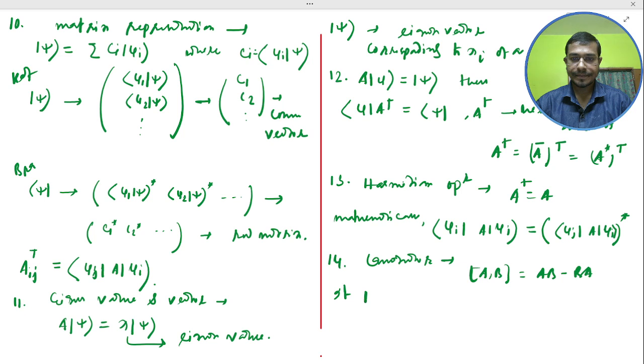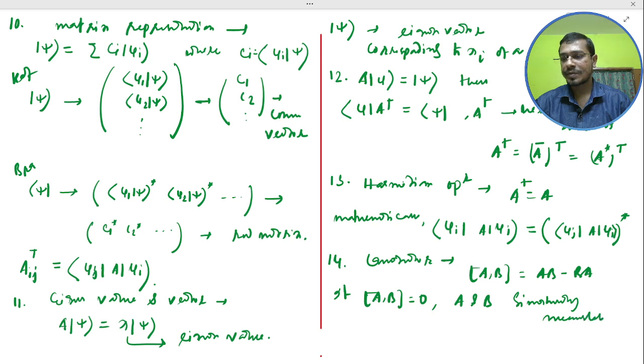And if the commutator of A and B is equal to 0, then it is said that A and B operators commute with each other. The physical interpretation is that A and B are simultaneously measurable.